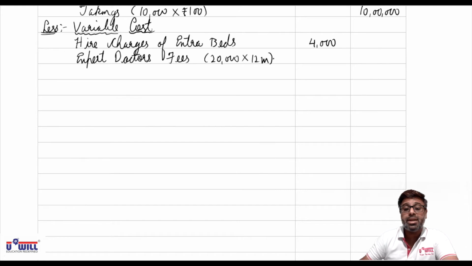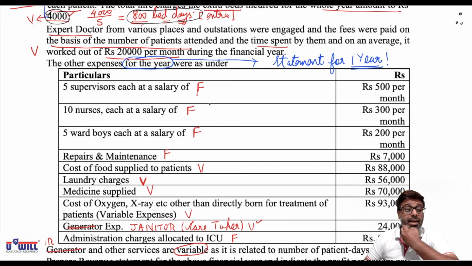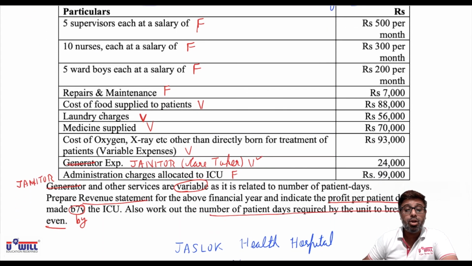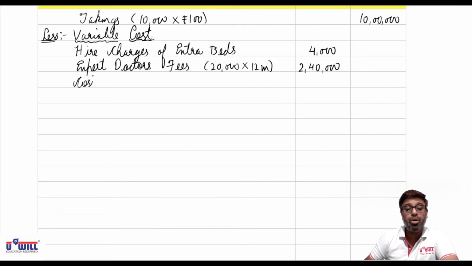What will be expert doctor's fees charged? 2,40,000. Then in the table, what all is marked as V? Cost of food supplied to patients, 88,000. So cost of food supplied, 88,000.